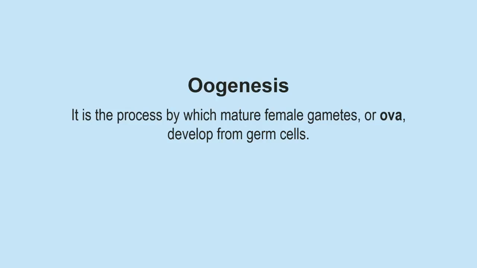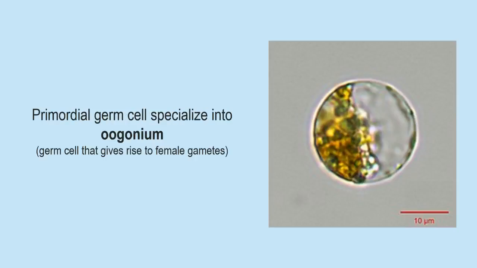Again, in spermatogenesis, it occurs in the male reproductive system, particularly in the testes, while the oogenesis occur in the female reproductive system, primarily in the ovaries. So primordial germ cell specialize into oogonium. So when we see oogonium, it is the germ cell that gives rise to female gametes.